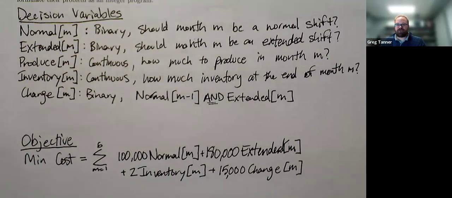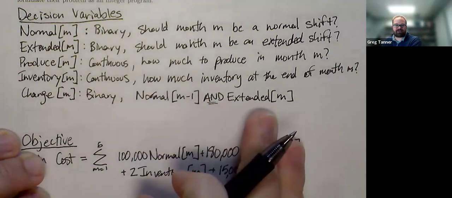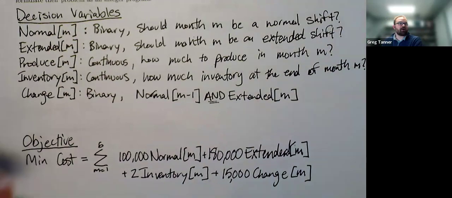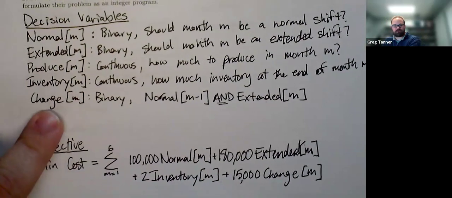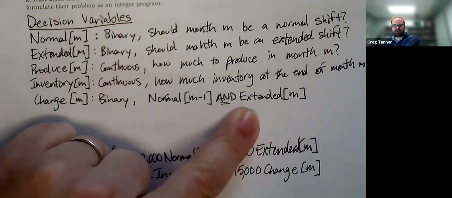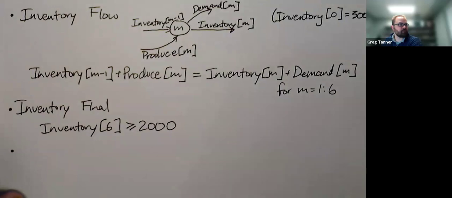There are certain advantages to keeping the model linear in the variables, so we can't do multiplication between variables. We can multiply parameters and variables, but not variables with variables. So we want to avoid that. There's a little trick on how to make this relationship between change and these two variables without multiplying the variables.